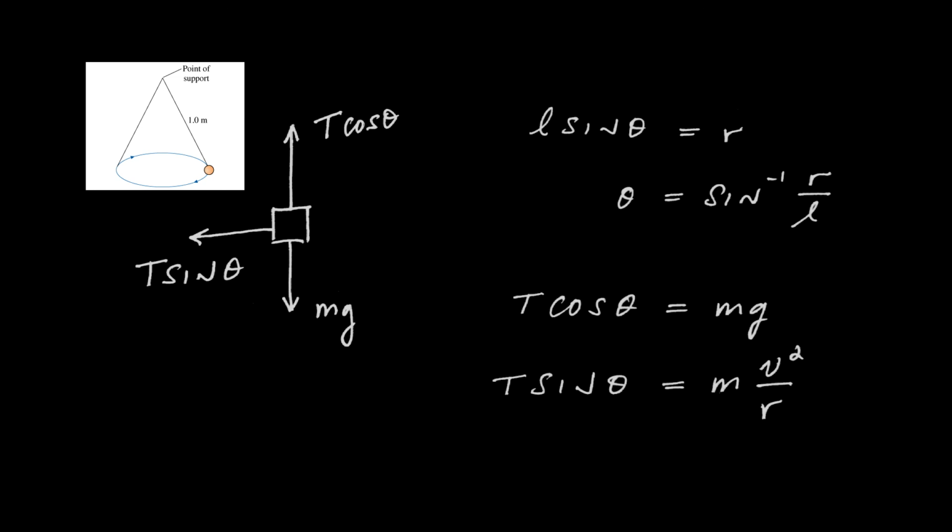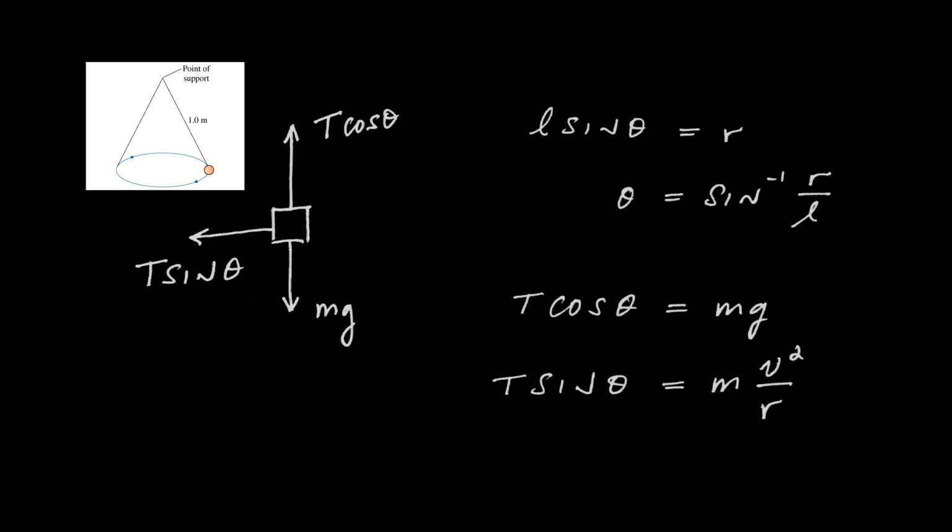So now you can use Newton's second law applied to this free body diagram. Because the bob goes around in a circular motion, it certainly has centripetal acceleration, but it doesn't accelerate vertically. Because in the upward and downward direction the acceleration is 0, then I can confidently write that T cosine theta is equal to mg. That is an equation that allows me to calculate T. Once I know T, I can write T sine theta equals mv squared over r.